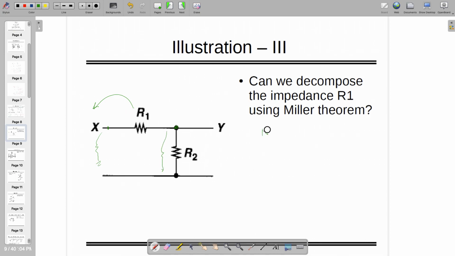Actually, no. That is a big no. The reason is there is no gain path going from X to Y. If there is a gain path from X to Y, you can always do it, right? So this is not possible. You have to use normal KCL, KVL, or whichever way you want to solve it, and you can find the rest of the things. Here, decomposition of the impedance is not possible.